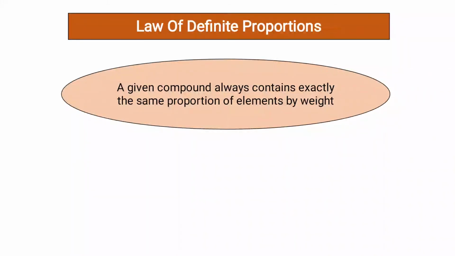In other words, we can also state this law as: the composition of a compound always remains fixed irrespective of the source of that compound. I repeat, the composition of a compound always remains fixed. It will always remain the same. It does not change irrespective of the source of that compound.